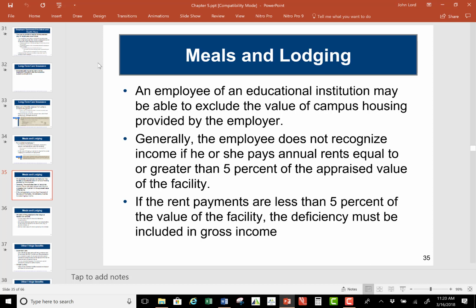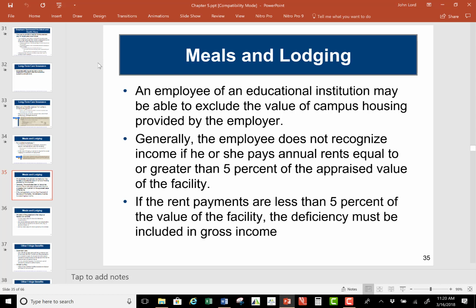Oh no, it's the other way around, equal to or greater than 5% of the appraised value of the facility. So I guess we'd have to get the appraised value of the facility, and as long as you're paying rent equal to or greater than 5%, you don't have to include that. So it's the opposite of what I said.